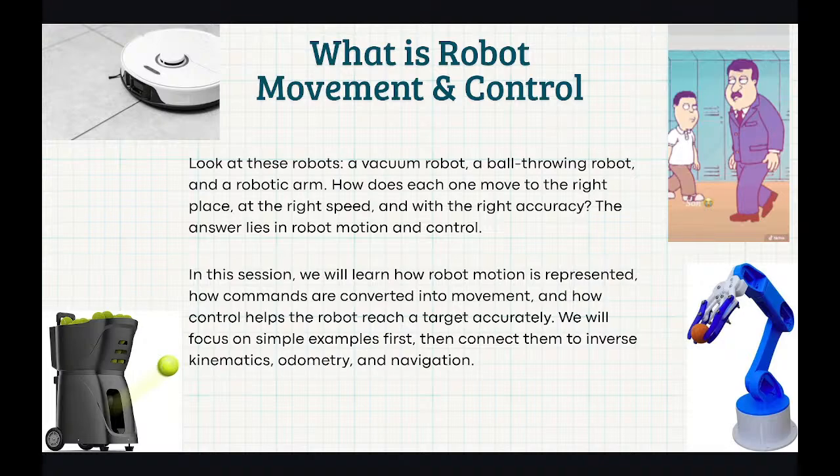Or the vacuum robot, the Roomba: it needs to go through the whole house, map and find out every place. How does it know where to go? How does it calculate where to go?